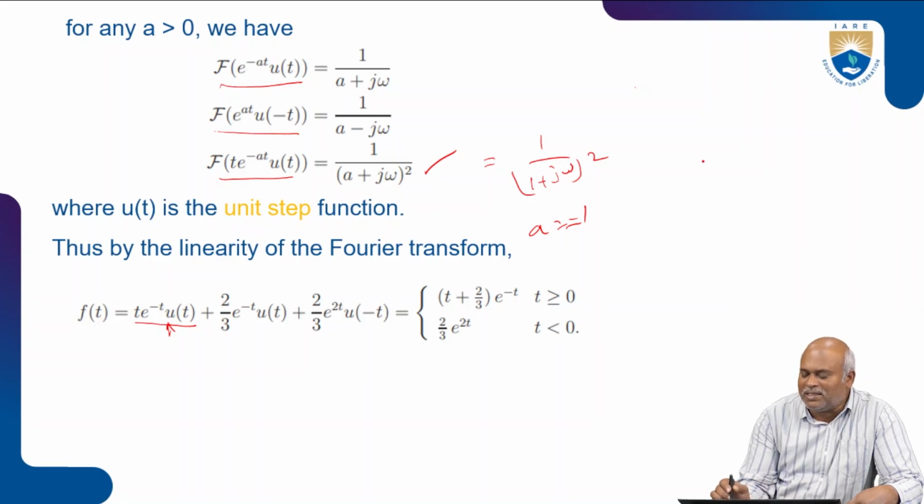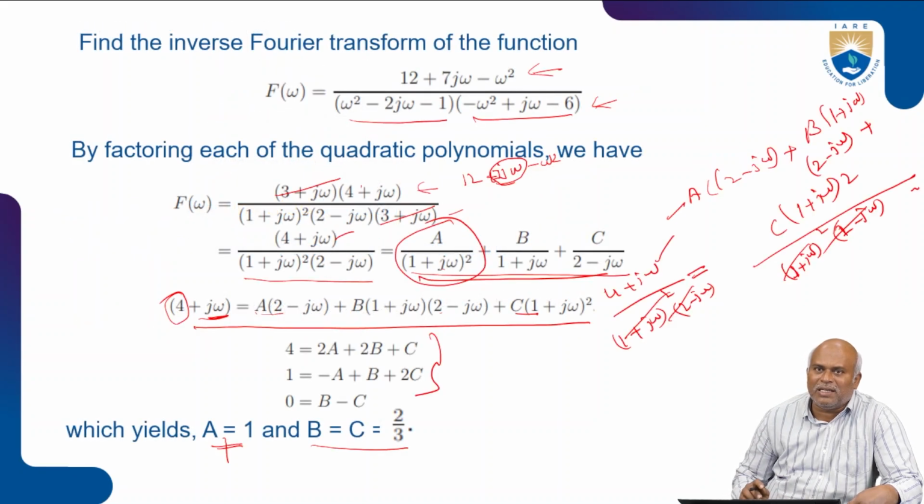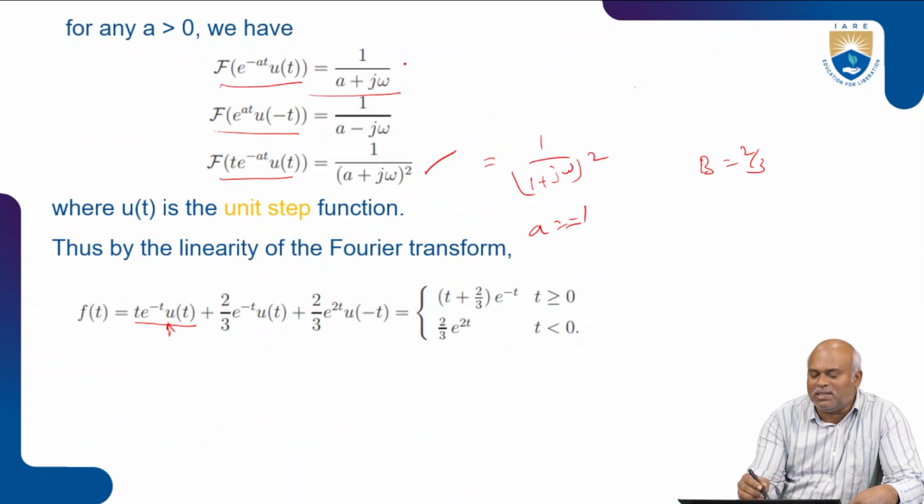Another, c and b are equal to 2/3. Even though the b term is represented as 1+jω, what is the 1+jω here? This is going to satisfy a+jω. Then I write here (2/3)e^(-t)u(t).